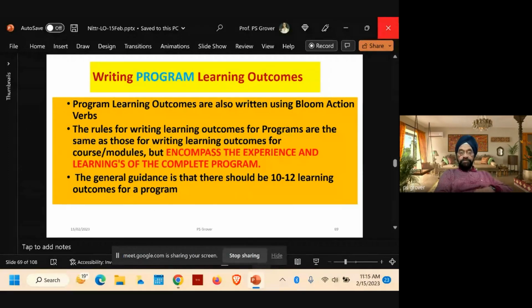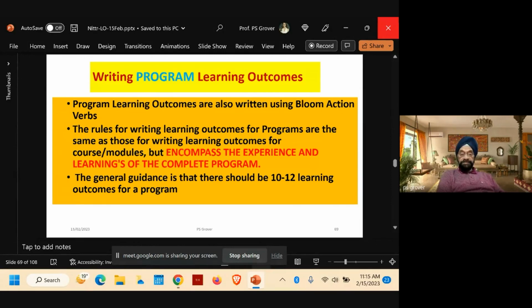Program learning outcomes are also written using Bloom action verbs. The rules for writing learning outcomes for a program are the same as those for writing learning outcomes for a course or module, but encompass the experience and learning of the complete program.